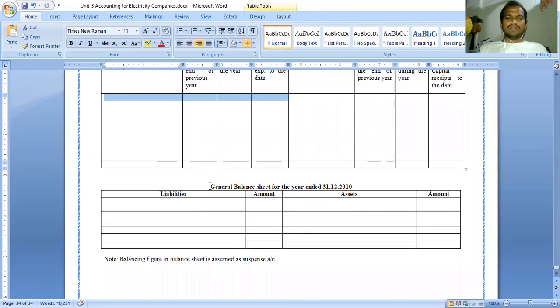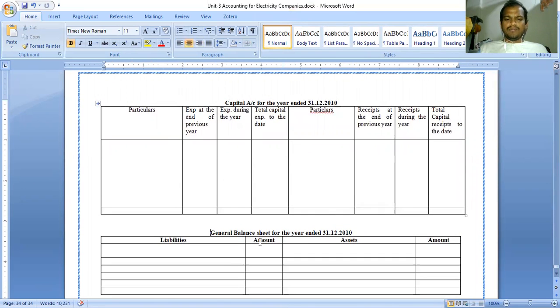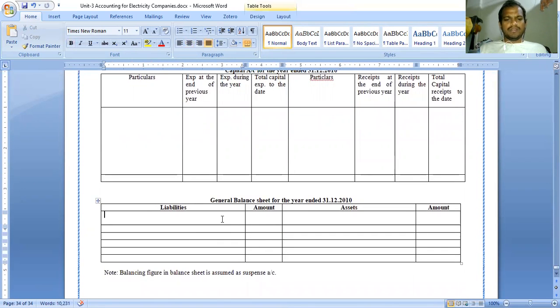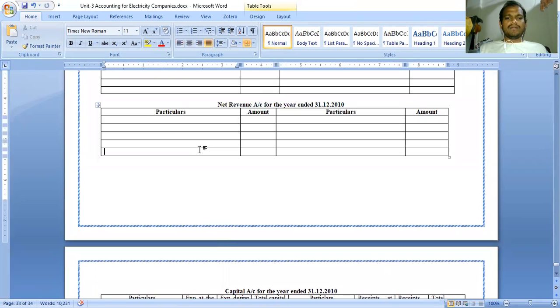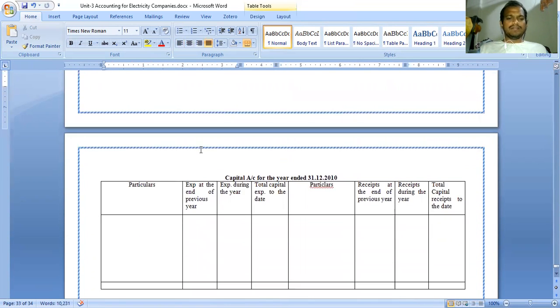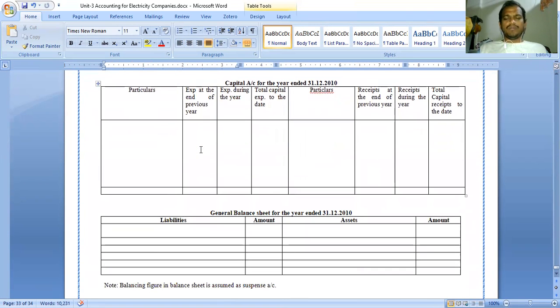So in the general balance sheet, whatever the balances from the capital account, we have to carry forward in the general balance sheet, and then current assets and current liabilities we have to mention in the general balance sheet, and whatever the balance from the net revenue account, we have to transfer it to the balance sheet, and we have to mention in the reserves and surplus.